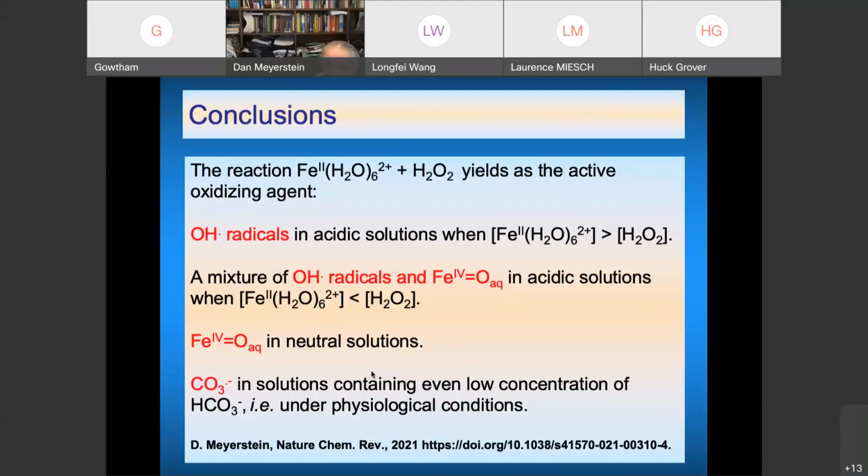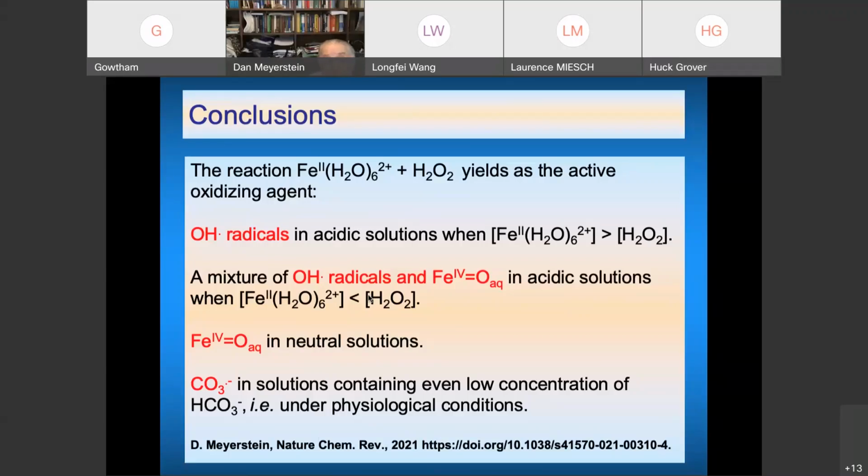In acid solutions, if the concentration of iron 2 is larger than that of the peroxide, not catalytic conditions, you form OH radicals. If there is an excess of peroxide, you form a mixture of OH radicals and iron 4. The ratio between them depends dramatically on the ratio of hydrogen peroxide to iron 2, which I can't discuss.